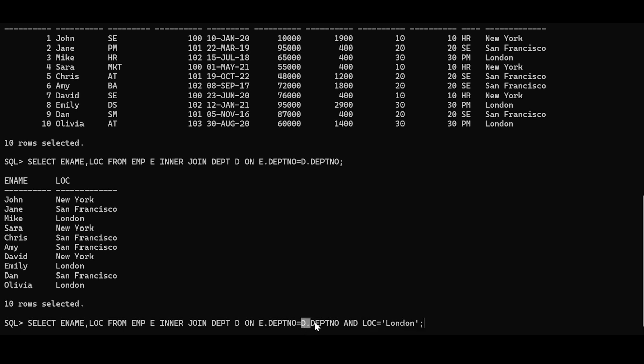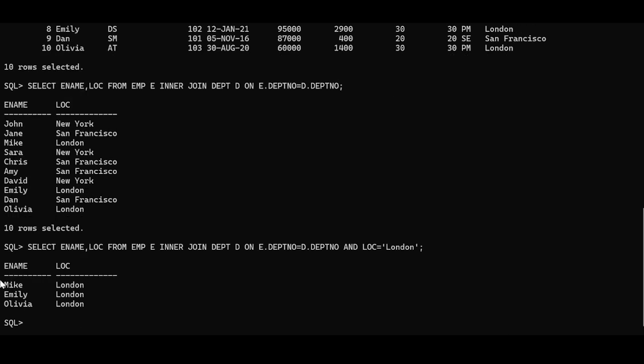We saw this example in the last class. When joining the tables by department number, it will also check if the department is affiliated with the London location. Only such data will be retrieved: Mike, Emily, and Oliver. This is the query.